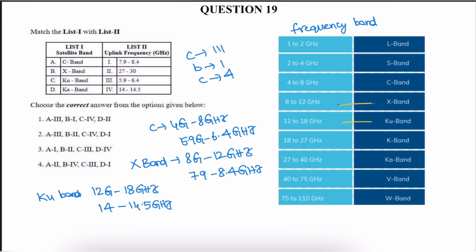And KA band, 27 gigahertz to 40, as per options 27 to 30 gigahertz. So D is 2. A3, B1, C4, D2. The correct option is 1.